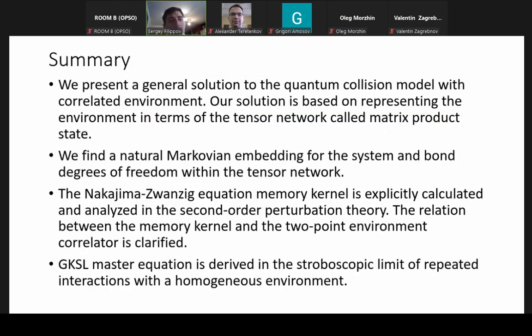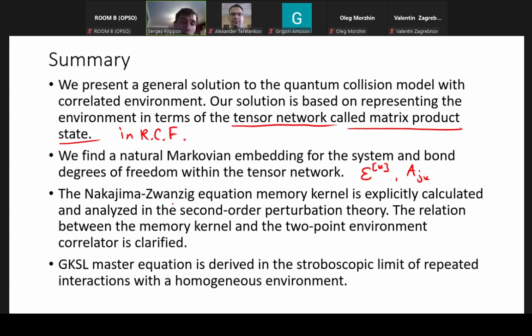So, to summarize: we present a general solution to the quantum collision model with a correlated environment, and our solution is based on representing the environment in terms of the tensor network called a matrix product state, written in a right canonical form. We find the natural Markovian embedding for the system and bond degrees of freedom within the tensor network. I showed you the embedding map E_k and its Kraus operators.